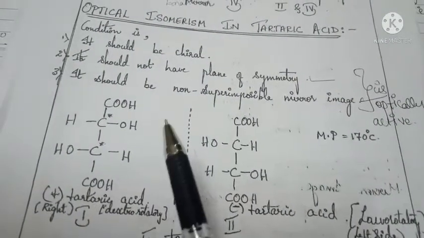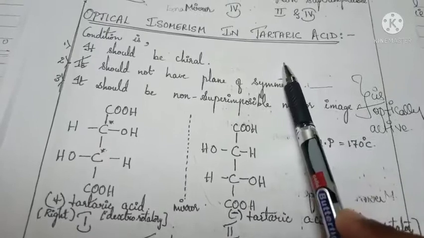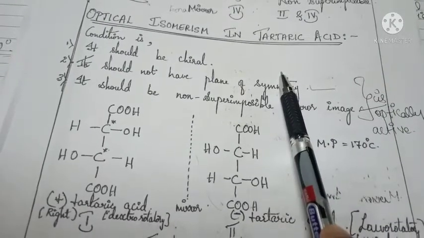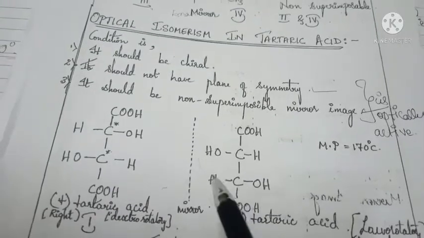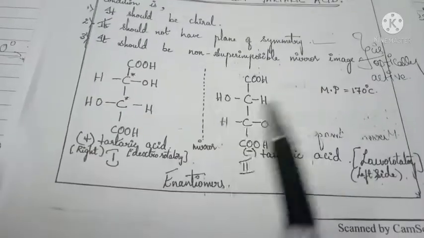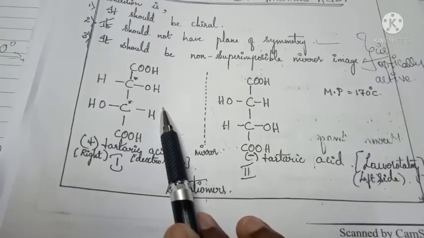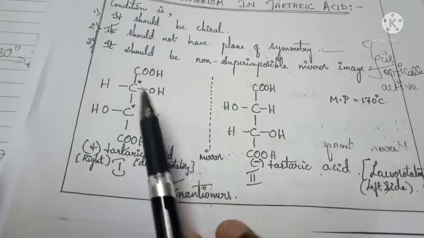But here, showing the optical isomerism in tartaric acid, it doesn't have a plane of symmetry in tartaric acid, but it has an equimolar mixture of D and L configuration. Okay, I will tell you later. Here you have to see, this is the molecular formula of tartaric acid. Okay, you have to observe here.